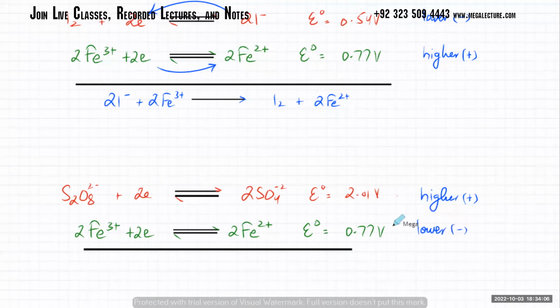So the higher one is going to gain electrons, and the lower one is going to lose electrons, right? So over here, what's going on is that S2O8 2-, that's S2O8 2-, is turning into the product that's forming, which is 2SO4 2-.